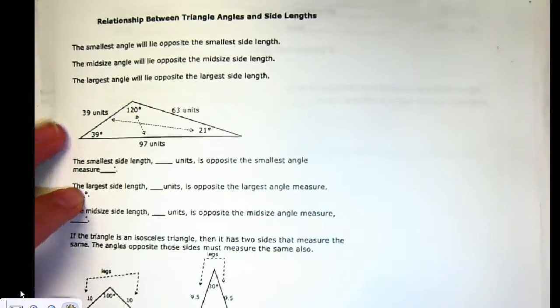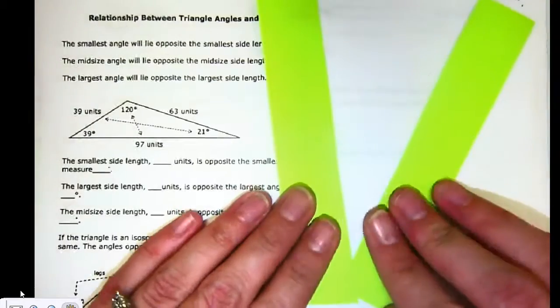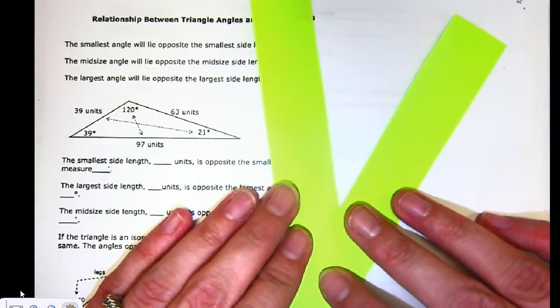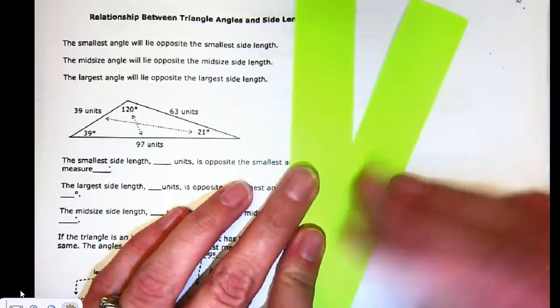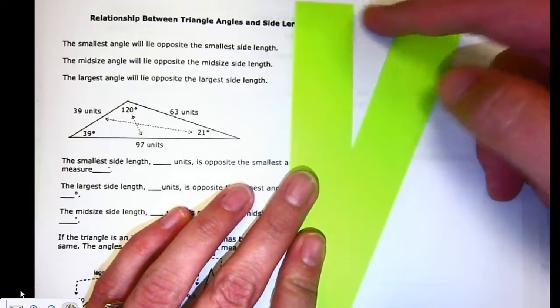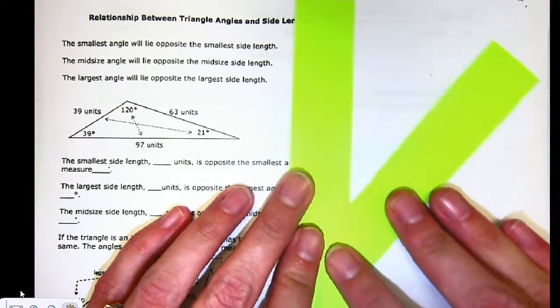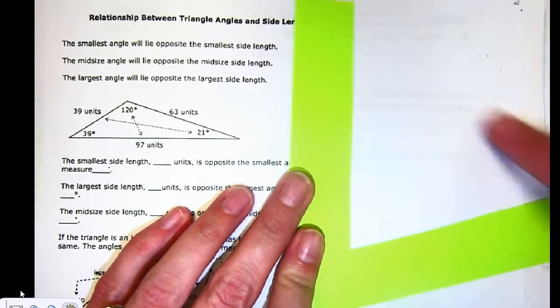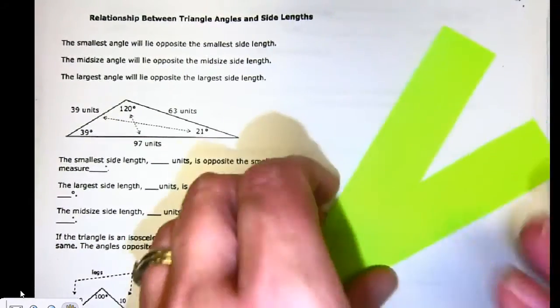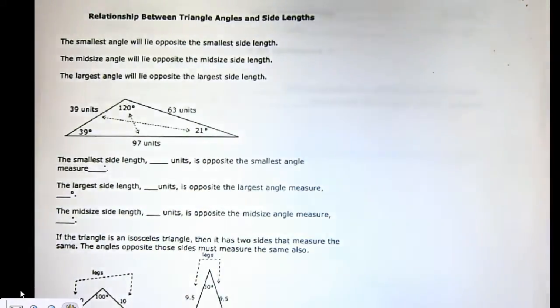If you think about two sides of a triangle, if I make the angle little, the distance between the two sides gets smaller, so you're going to have a smaller side over there. If I make the angle big, the length over here gets bigger. So it makes sense. Small is across from small, middle is across from middle, large is across from large.